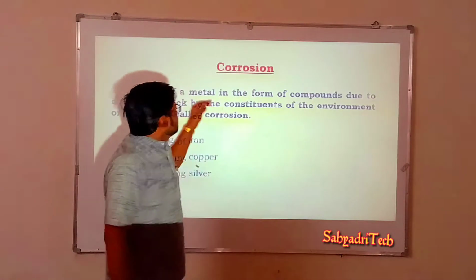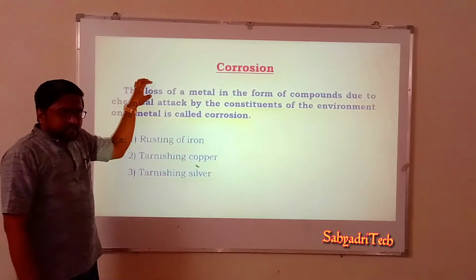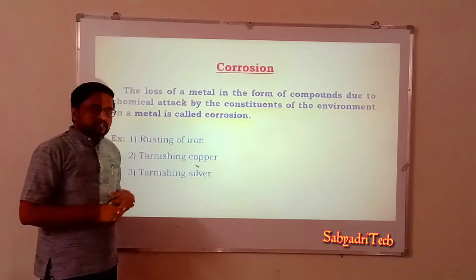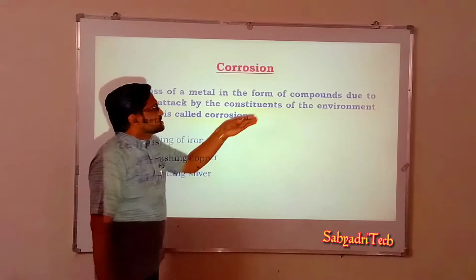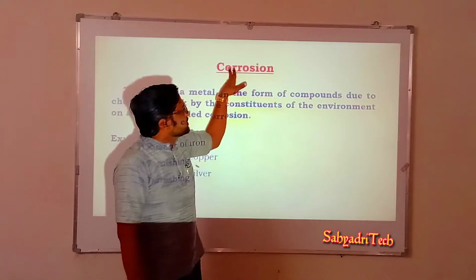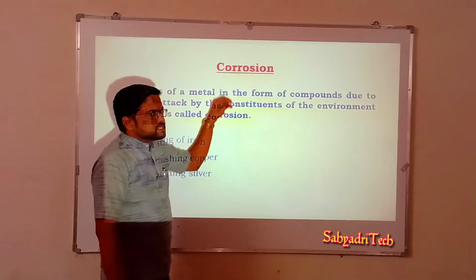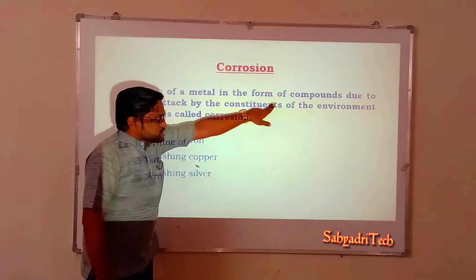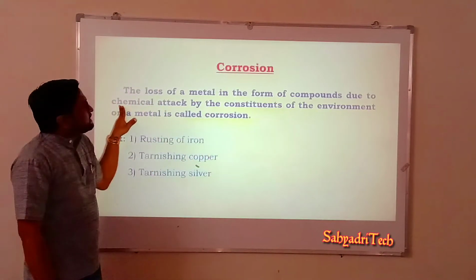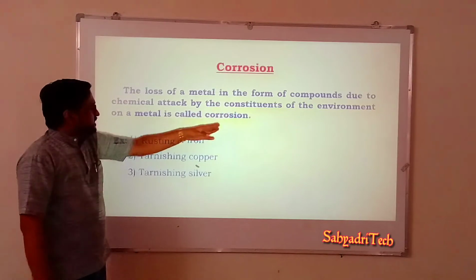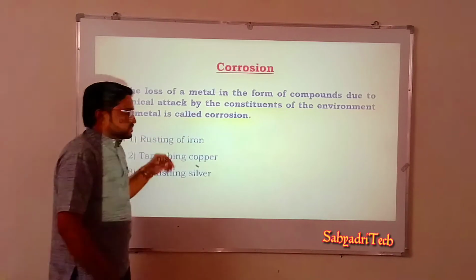If they react with the chemical species present in the environment and get converted into some other form rather than metal, then the phenomenon is referred to as corrosion. Basically, the loss of metal in the form of compounds due to chemical attack by the constituents of the environment is called corrosion.